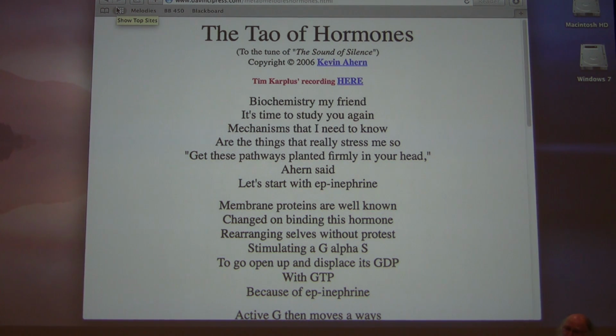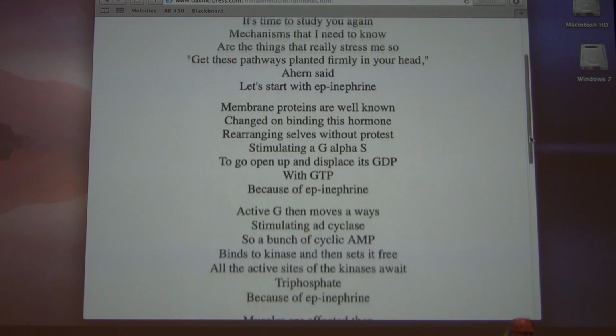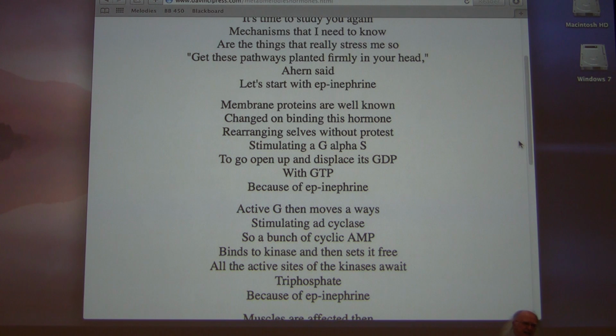Biochemistry, my friend, it's time to study you again. Mechanisms that I need to know are the things that really stress me so. Get these pathways planted firmly in your head, Ahern said. Let's start with epinephrine.